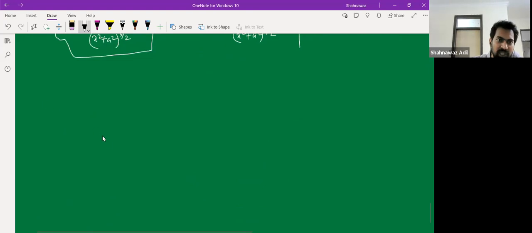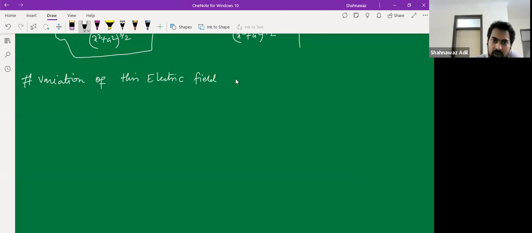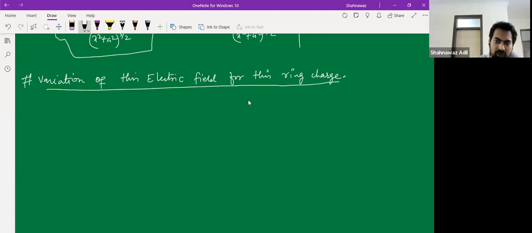Yeah. So then the next thing is what would be the variation of this electric field for this ring charge. For this ring charge, this is the variation.